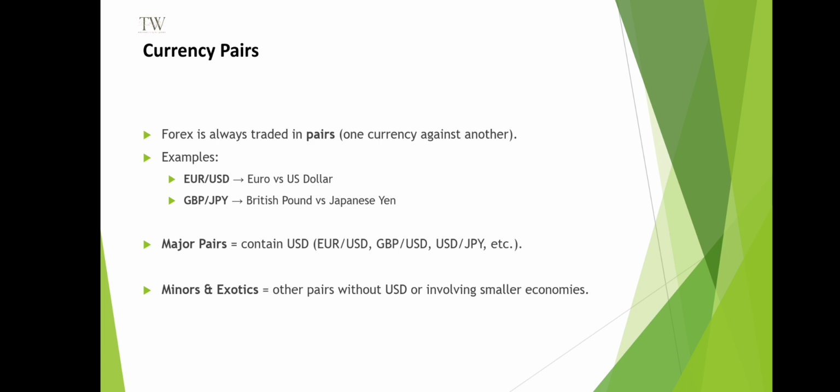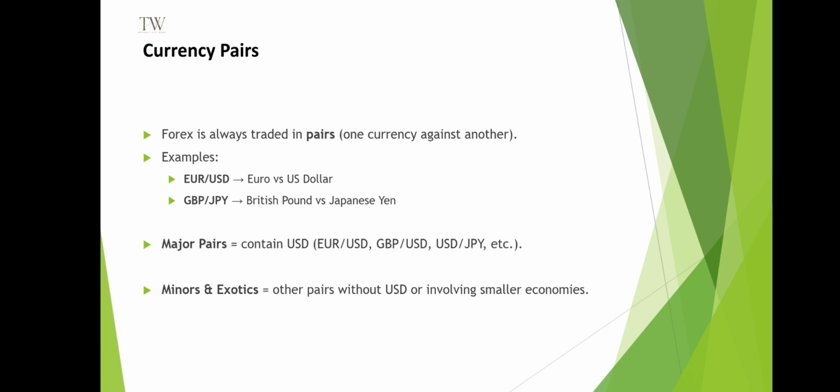We have the USD CHF, that's the Swiss francs and the US dollar. We have the US dollar and the Canadian dollar. Now in these currencies, you notice that I was able to call them out in pairs, and in these pairs that I mentioned, the first one is usually the base currency, and the second one is the quote or the counter currency.